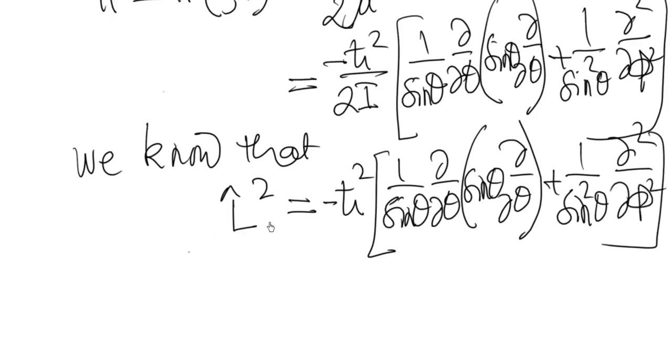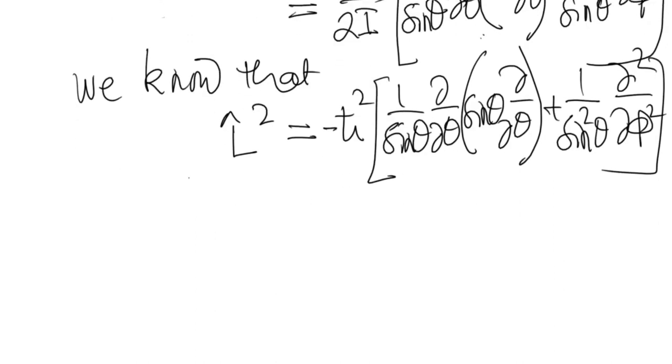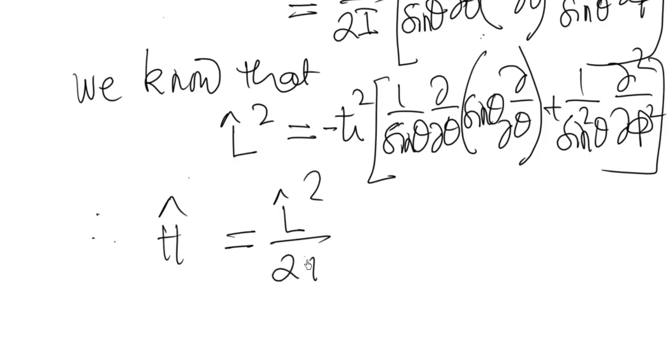So if we use this here, then we get, therefore H can be written as L squared by twice I, which we actually found out before.